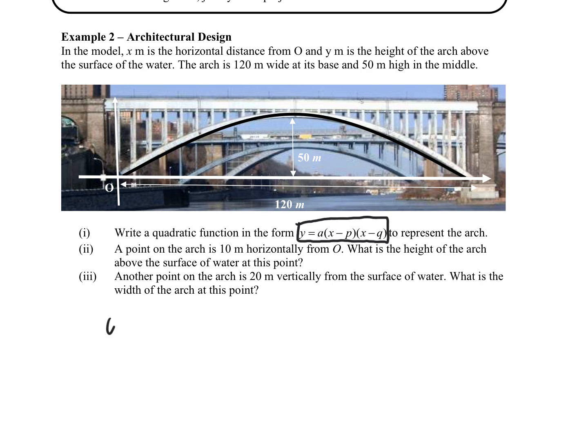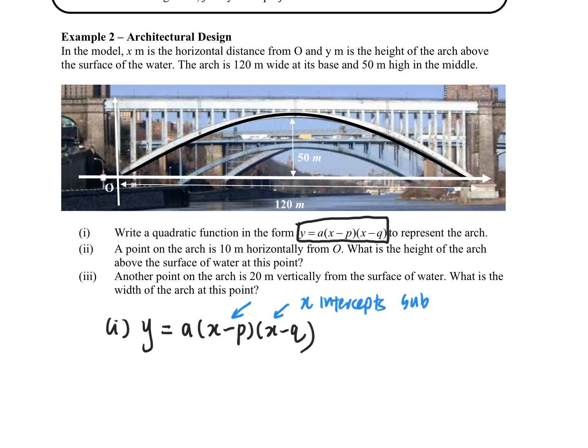So you remember when we had the factorized form, these two coordinates are our x-intercepts. When we sub y as 0, remember that? So if I do reverse engineering, this is one of my x-intercepts at 0.